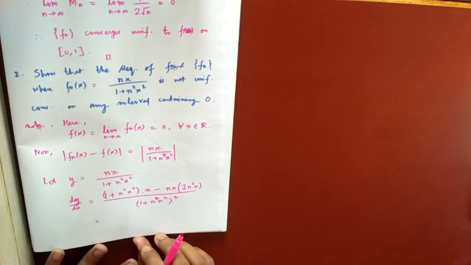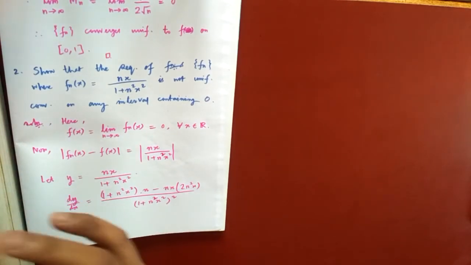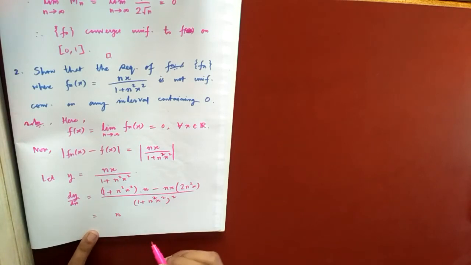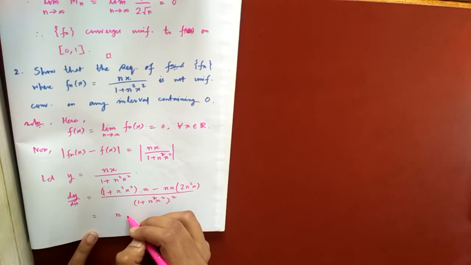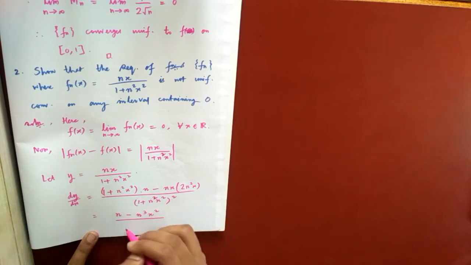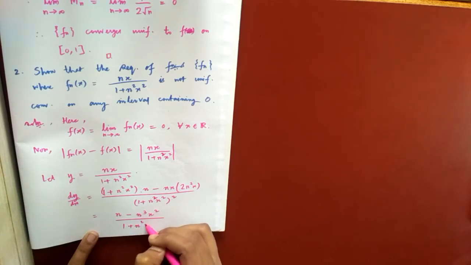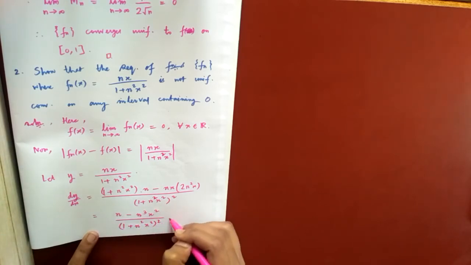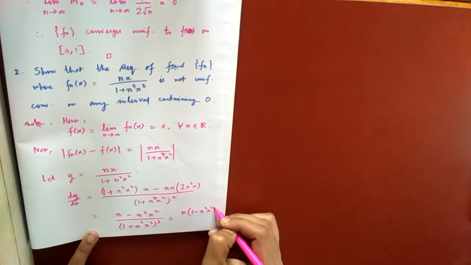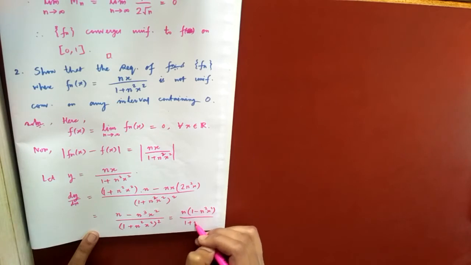This comes to n plus n cube x square minus 2n cube x square, so n minus n cube x square by (1 plus n square x square) whole square. Just take n common: n times (1 minus n square x square) by (1 plus n square x square) whole square.